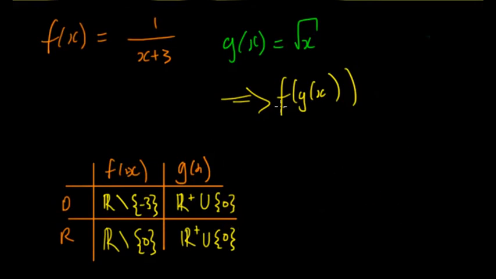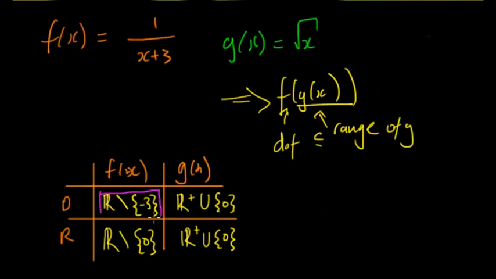So what we need to look for is the range of g(x). We need to see if the range of g(x) is a subset of the domain of f. So if we look at the domain of f, we have all R values apart from negative 3. If we look at the range of g(x), we find that it's all positive R values, including 0.